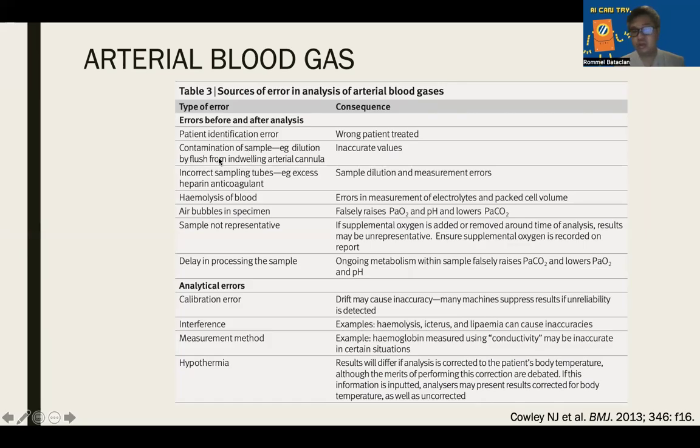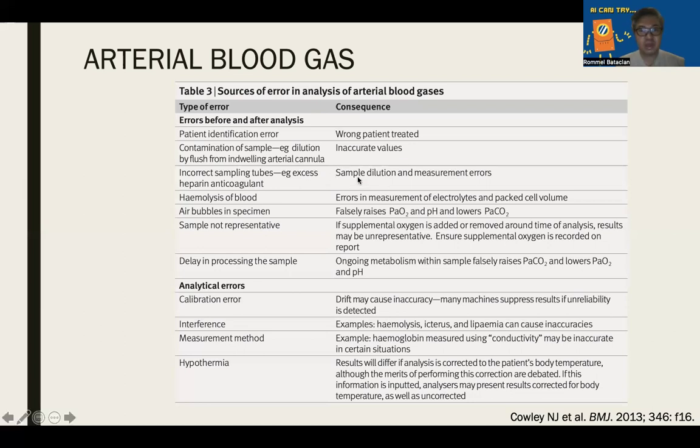So there could be contamination of sample if we get an arterial blood sample from vascular catheters, which would lead to inaccurate values. There could be excess heparin infused in the syringe in which the extraction was made.